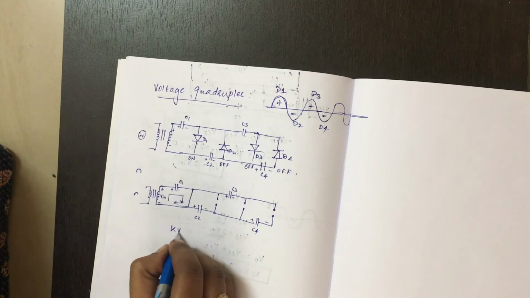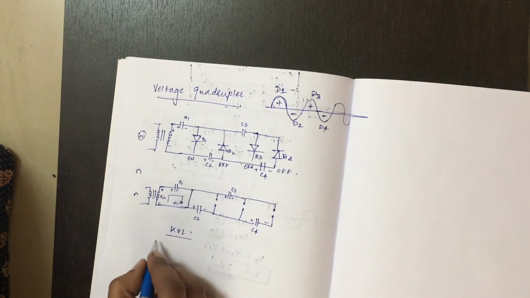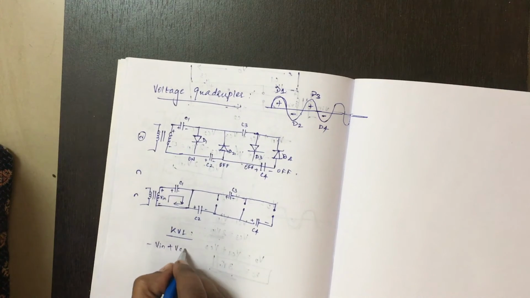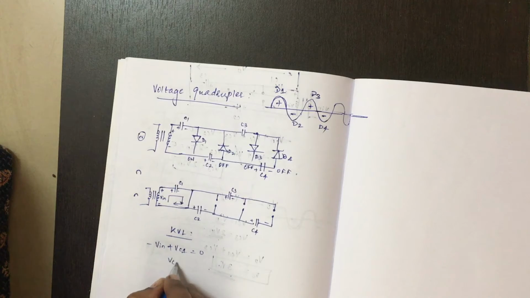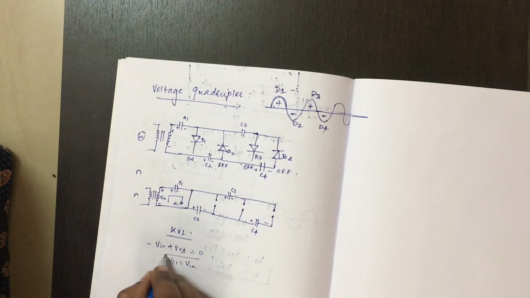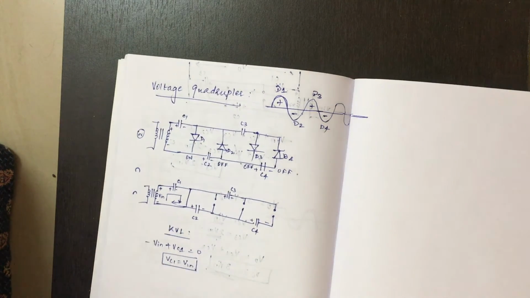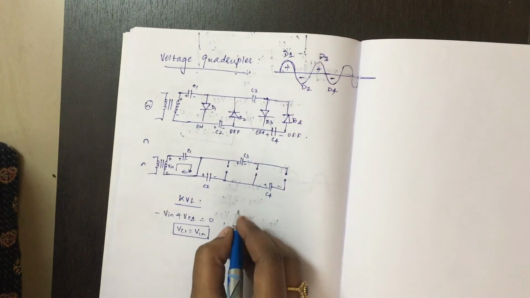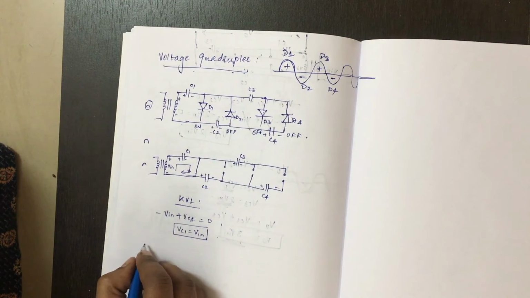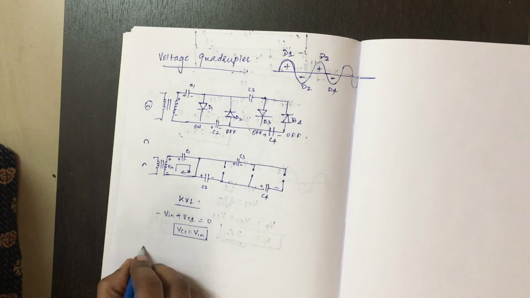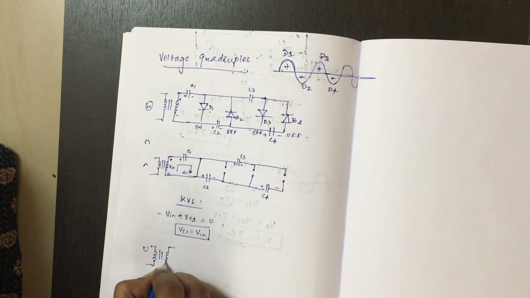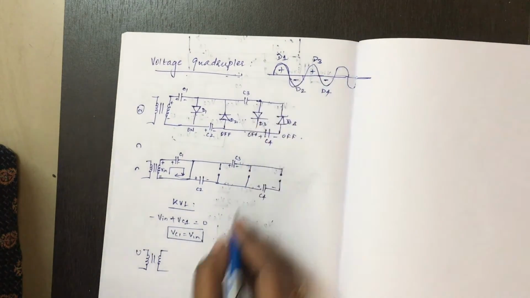So applying KVL, minus to plus, minus Vin, plus to minus Vc1 equal to 0, Vc1 equal to Vin. This we have derived in previous cases also. I'll be explaining from the start because it will be easier for you. For the negative off cycle, as already told, for the first negative off cycle D2 will turn on.